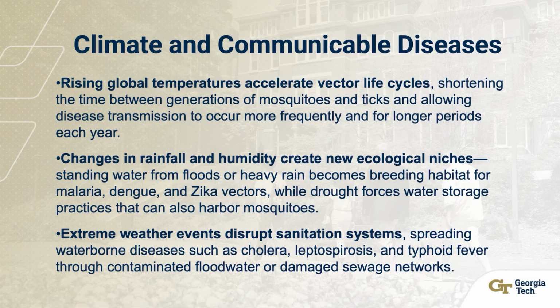When we talk about standing water from floods or heavy rains, it's the same thing, just on a much bigger scale, right? Even drought forces water storage practices that can also harbor mosquitoes. So in either swing, too much water or not enough water, or increased aridity, you can have a broader impact on the spread of disease.